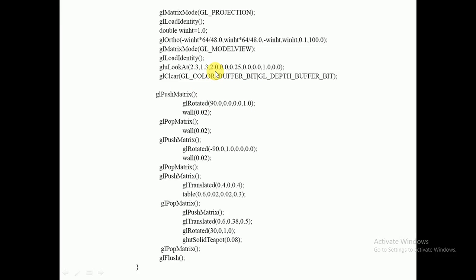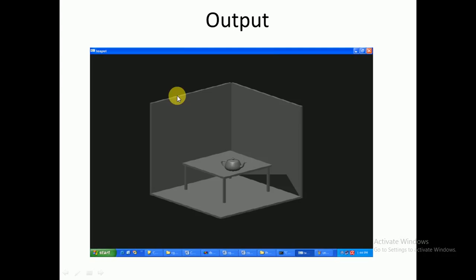Then glPushMatrix. Whatever previous values there are, I have pushed, wherever I set the camera, those values we have pushed here.